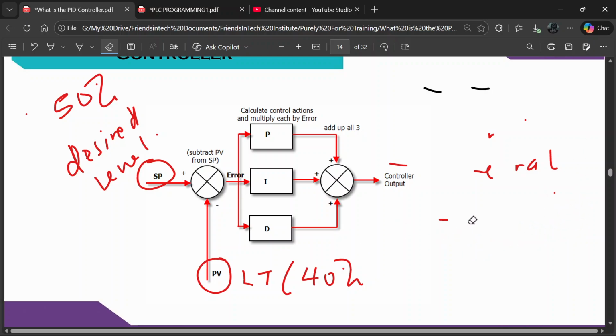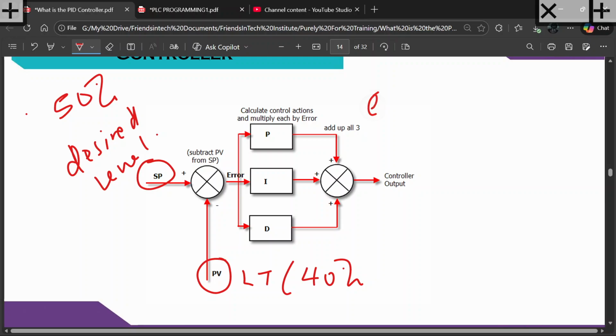Let's just understand this. This is a very important concept for process control engineers. So this error is equal to SP plus or minus PV.